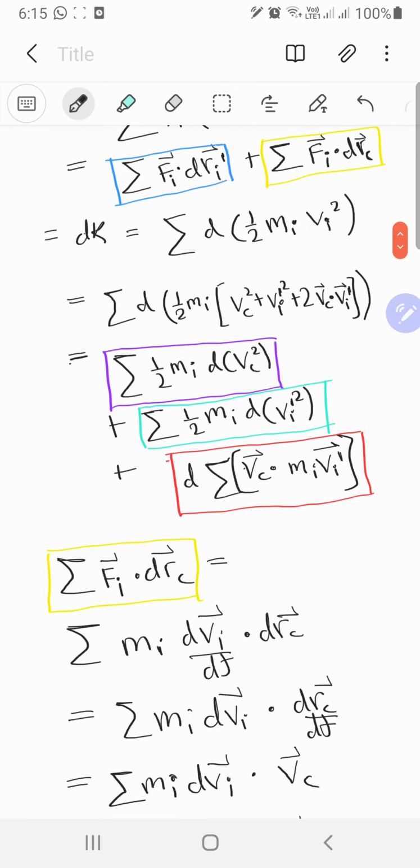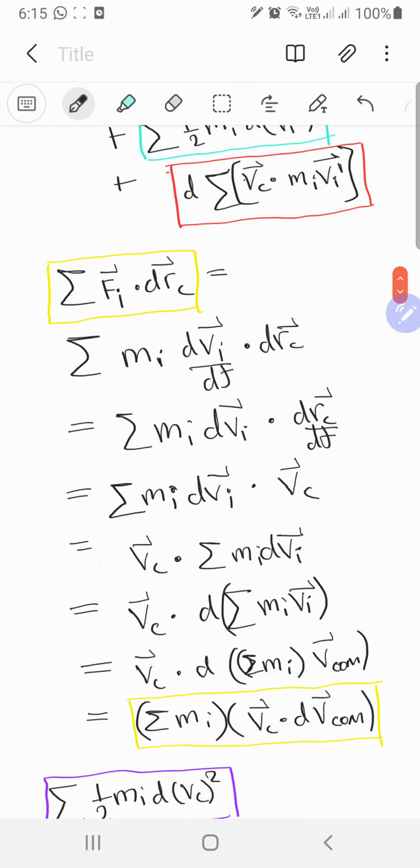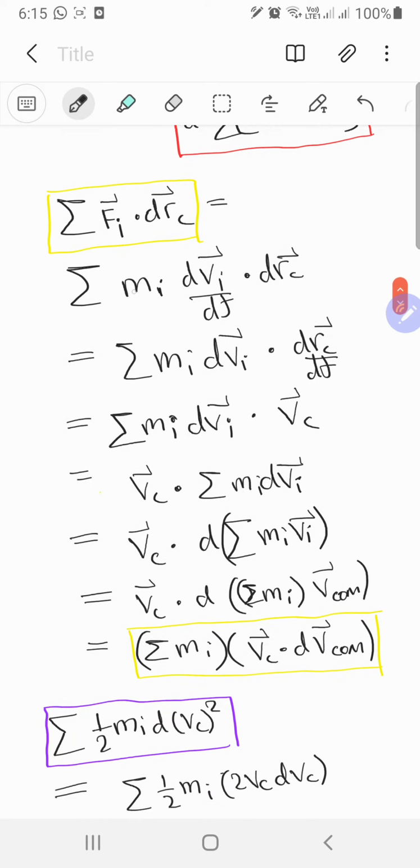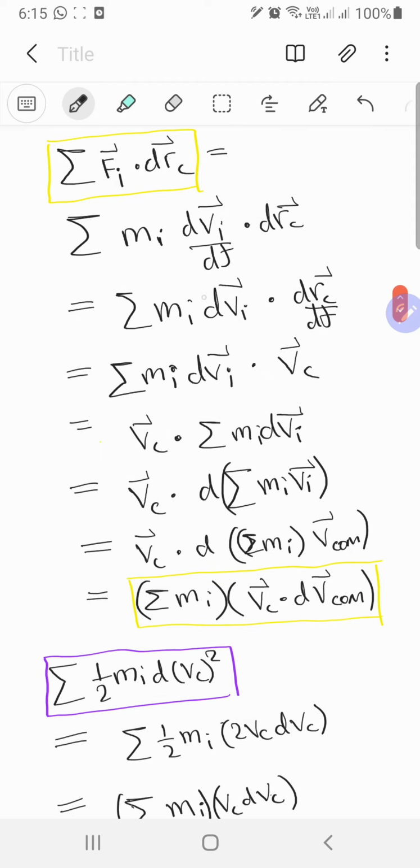So first the yellow part, so it's the summation of Fi bar dot drc bar. So we can write this F as mass into acceleration for each particle, and then acceleration is basically the derivative with respect to time of the velocity.